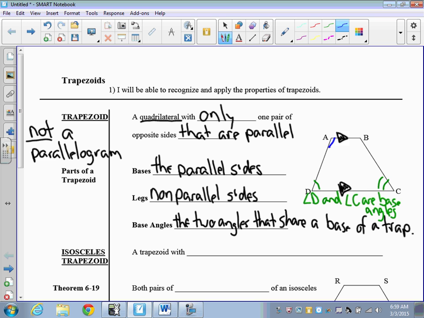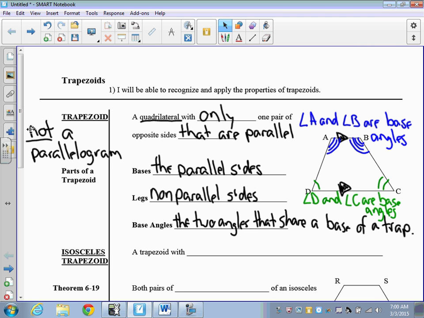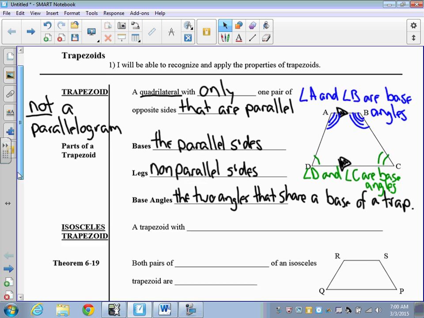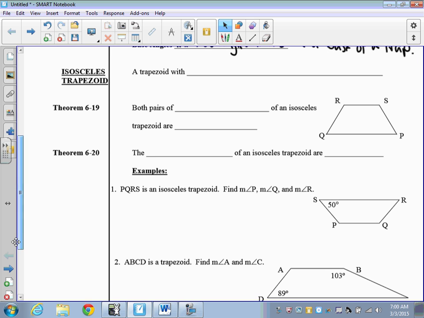We also have, we don't know anything about these angles being congruent, angle A and angle B are base angles. They share the base segment AB. So we have two pairs of base angles.